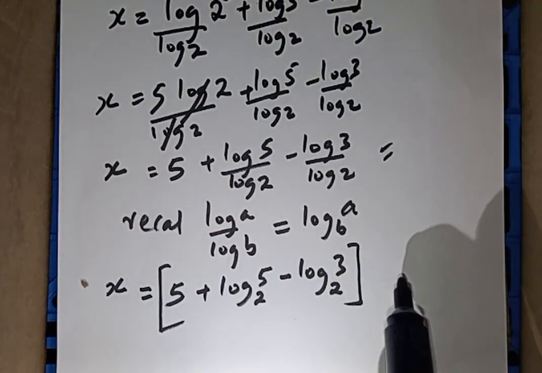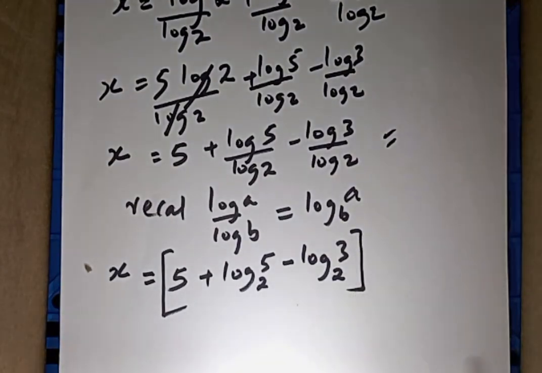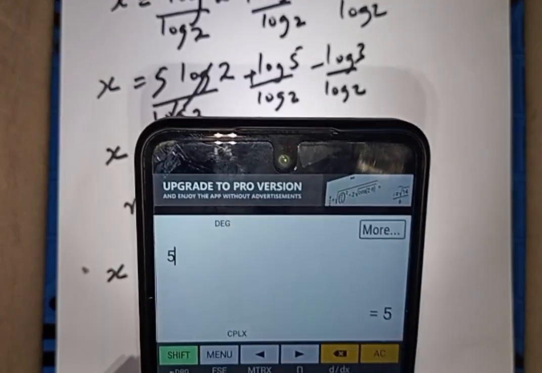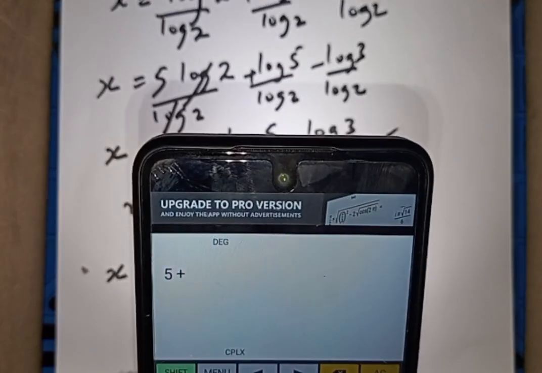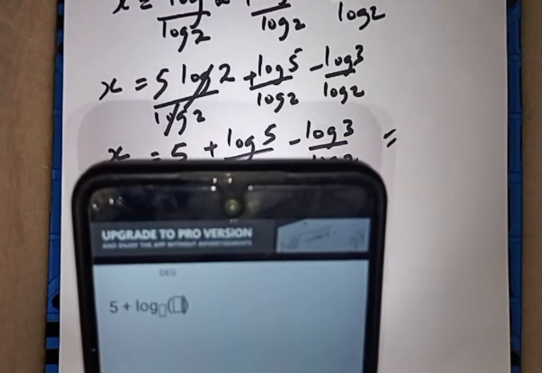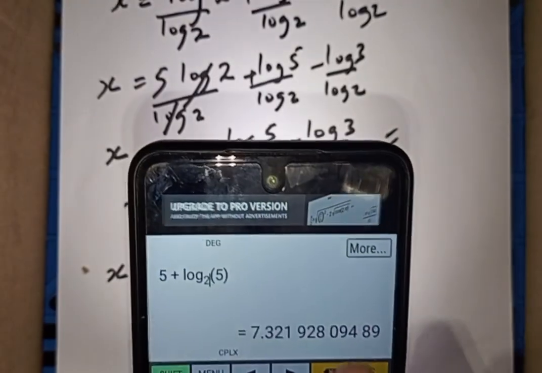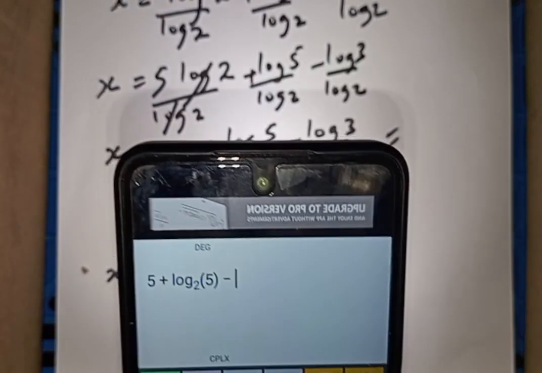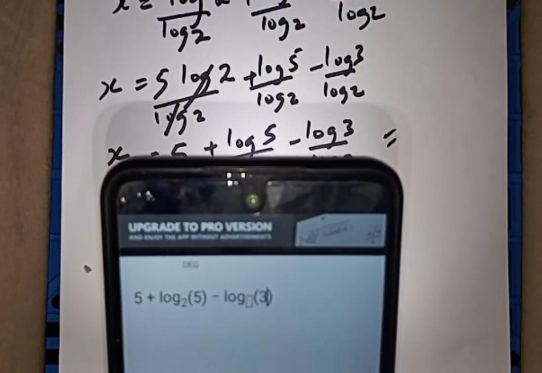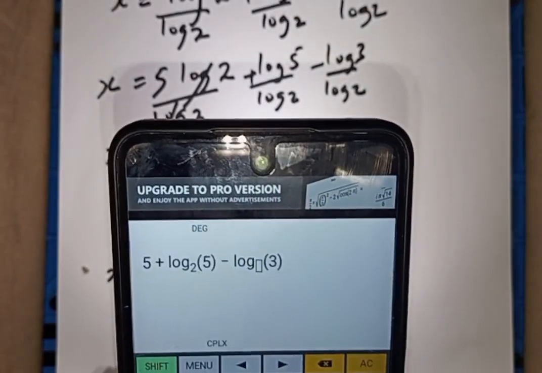We can compute this in our scientific calculator and see what the output is. We have 5 plus the log 5 to the base 2, and then subtract the log 3 to the base 2.